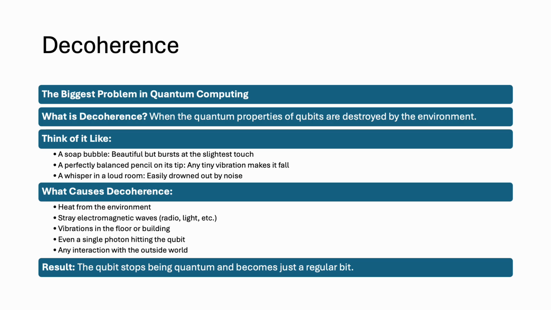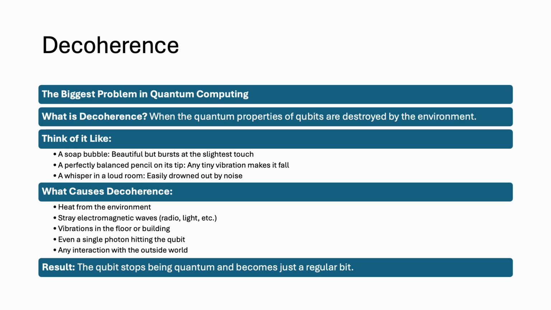To understand decoherence, think about a beautiful soap bubble floating in the air. It is an intricate structure with rainbow patterns created by light interference, but touch it with your finger and pop it, it's gone instantly. Qubits are similar.